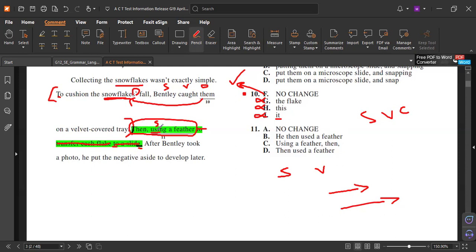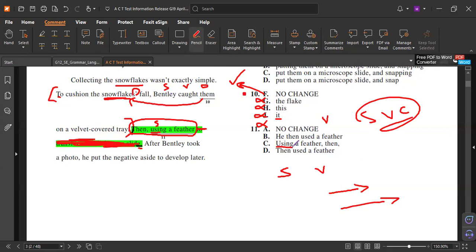What is the verb in this part? Remember, these are phrases. We don't look at them because the phrases have no subject or verb. That's why we delete them. Now, do we have any verb? No, so A is wrong. It means it lacks a verb. If it lacks any one of these, wrong.